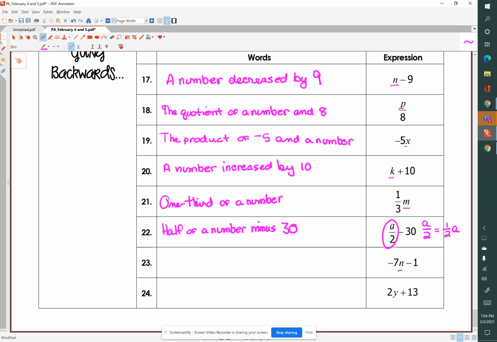Number 23, I see that negative 7n minus 1. That will be one less than, we'll use a turnaround phrase, one less than the product, because this is multiplication here, the product of -7 and a number.